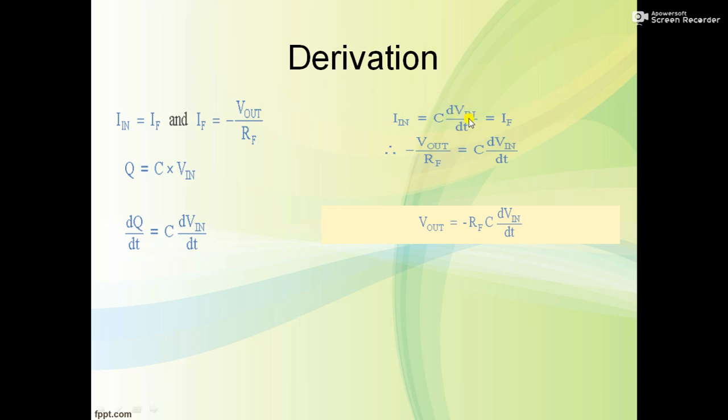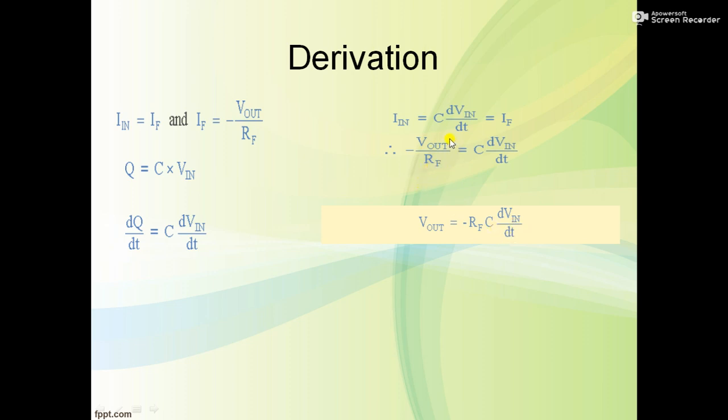When the In and IF currents are equated, we get minus V0 by RF is equal to C into dVin by dt. From this equation, we get Vout is equal to minus RF C into dVin by dt.